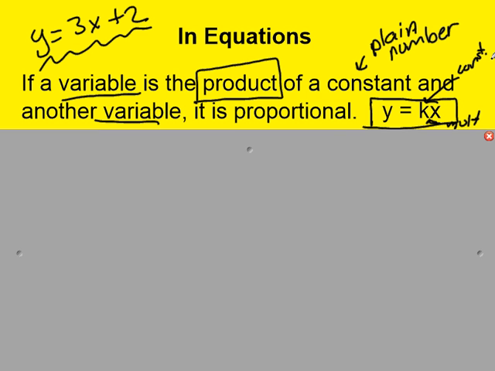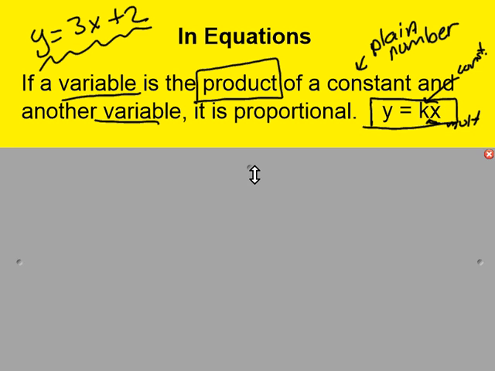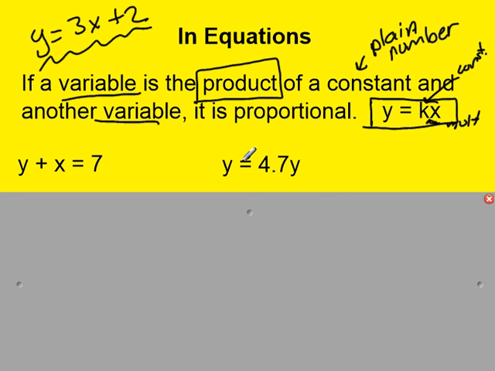Well, that k just stands for the constant of proportionality. So it could be any number. It could be 3, 6.7, 1/2, whatever. And another variable. So a different variable than the one we started with. So we started with a y. We have our constant of proportionality. And now we have a second variable.